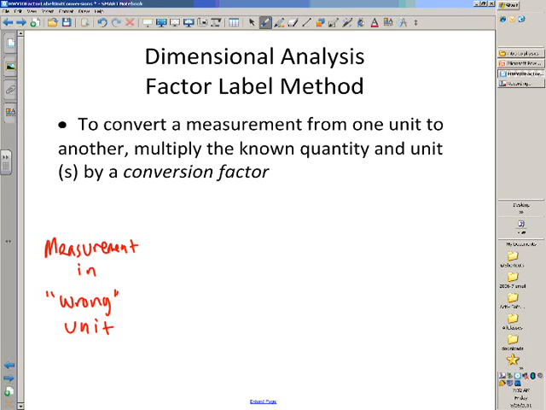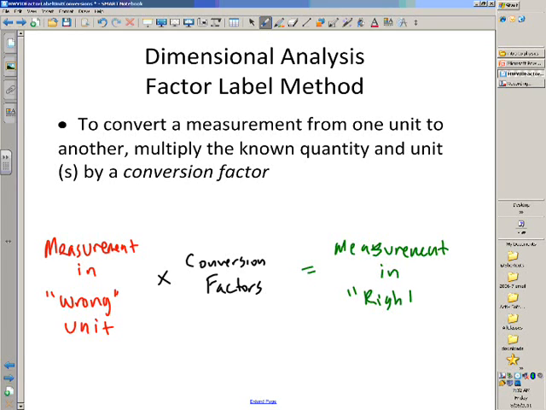Then we multiply that value by a conversion factor. And we'll talk about conversion factors in just a second, right? And then we end up with our measurement in the right units. Okay?